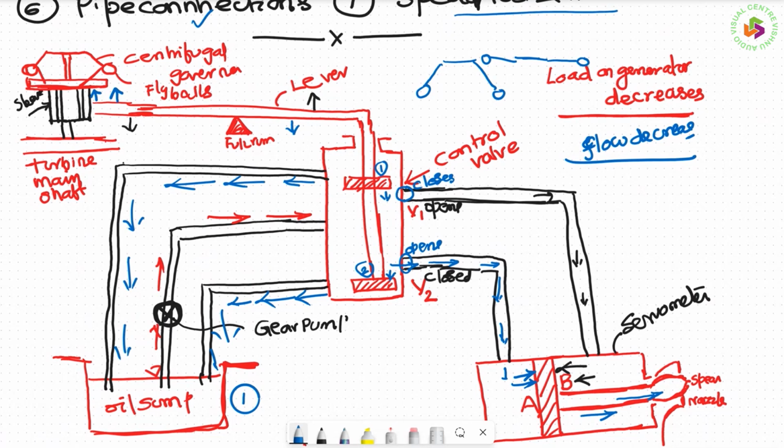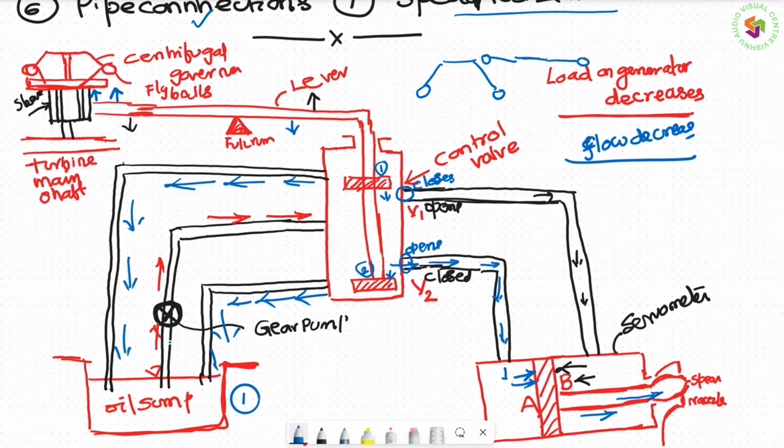Now, the control valve rod is connected to a horizontal lever, and at one end the horizontal lever is connected to the sleeve. The sleeve is nothing but a vertical rod, which is directly connected to the turbine main shaft. At the top of the sleeve, we have the centrifugal governor with flyballs.